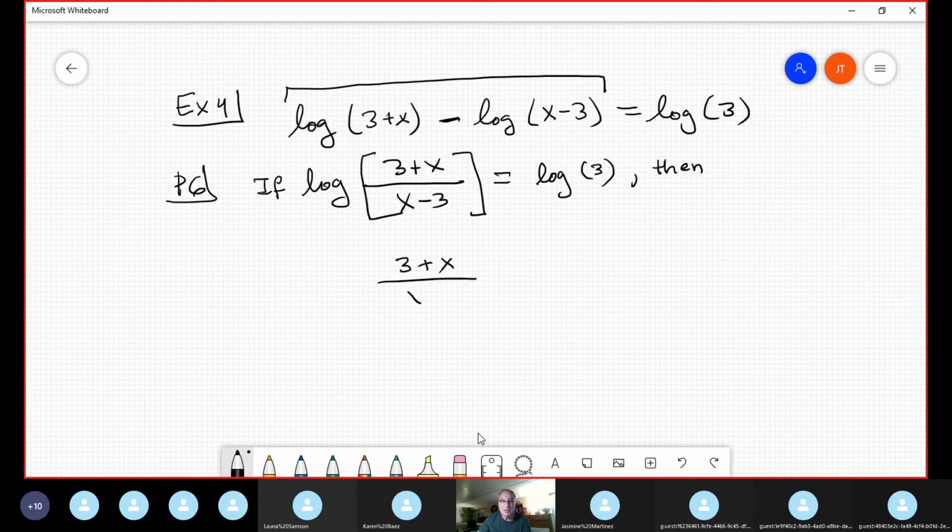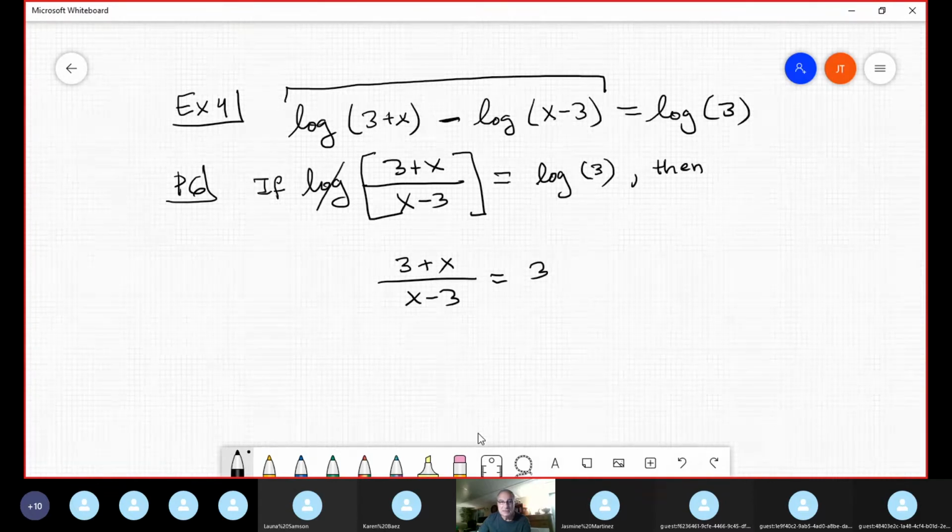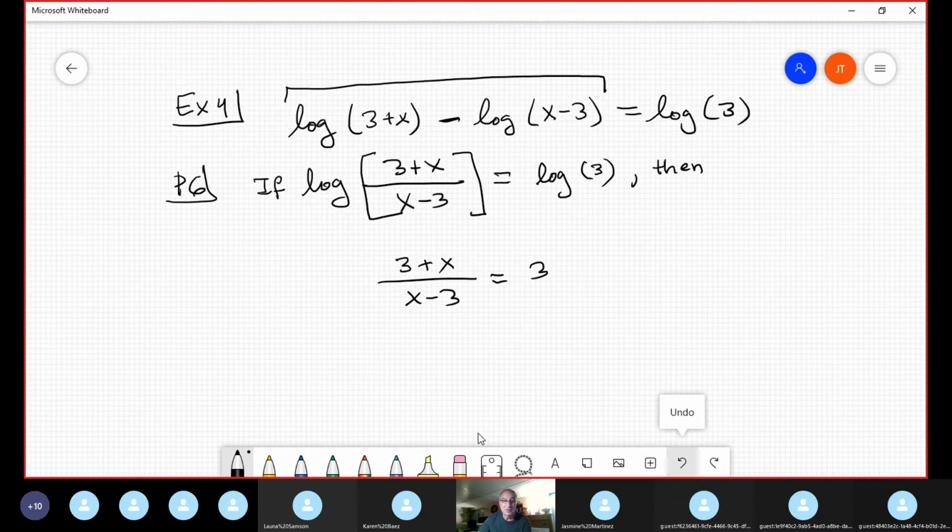Remember, the students delete this, but I don't like to delete. This is not theoretically good. But in your mind, you could delete. So you apply cross multiplication, and that's it. You convert to a linear equation.